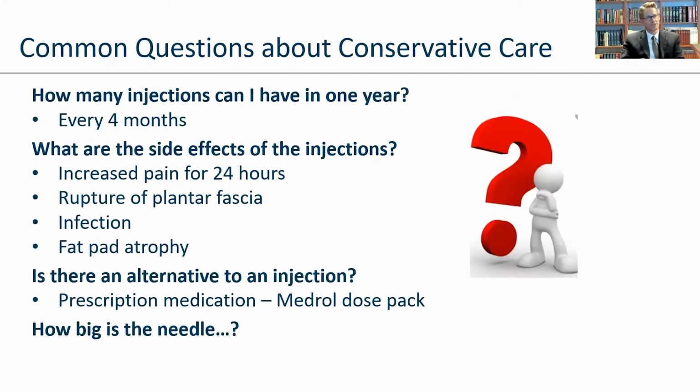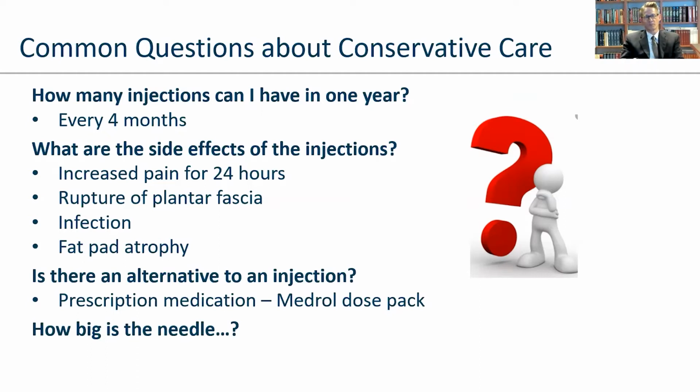So, common questions about this conservative care approach. And like I said, my favorite one is the injection. So I get the most questions about the injection. So how many times can I have that corticosteroid injection in my heel? You can have it roughly every 4 months, right around there, 3 to 4 times a year. The side effects of the injections: you can possibly have increased pain for 24 hours.